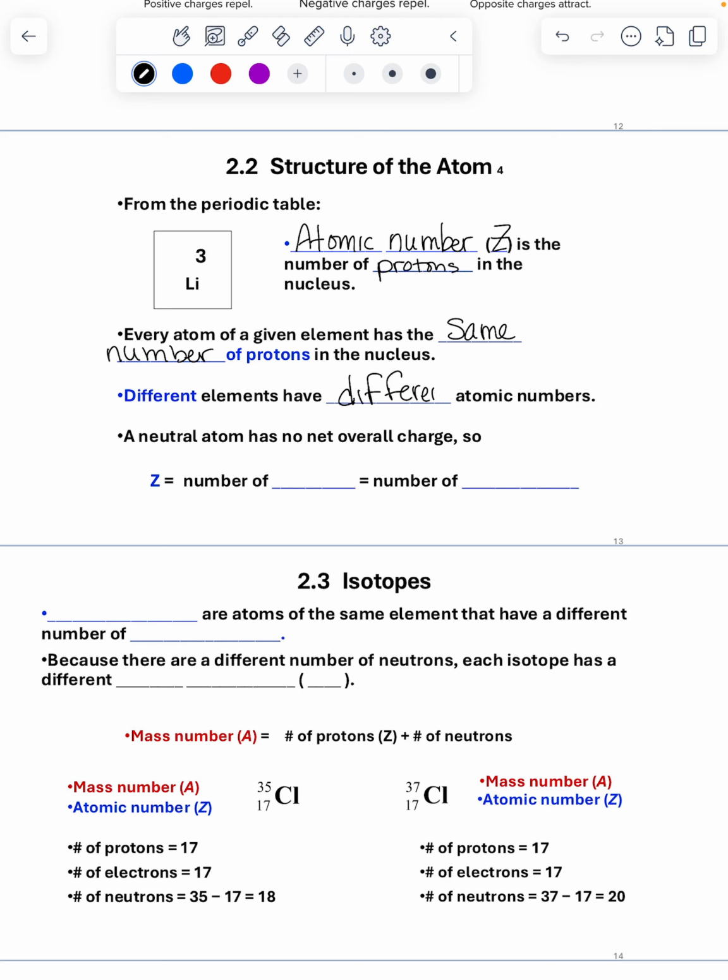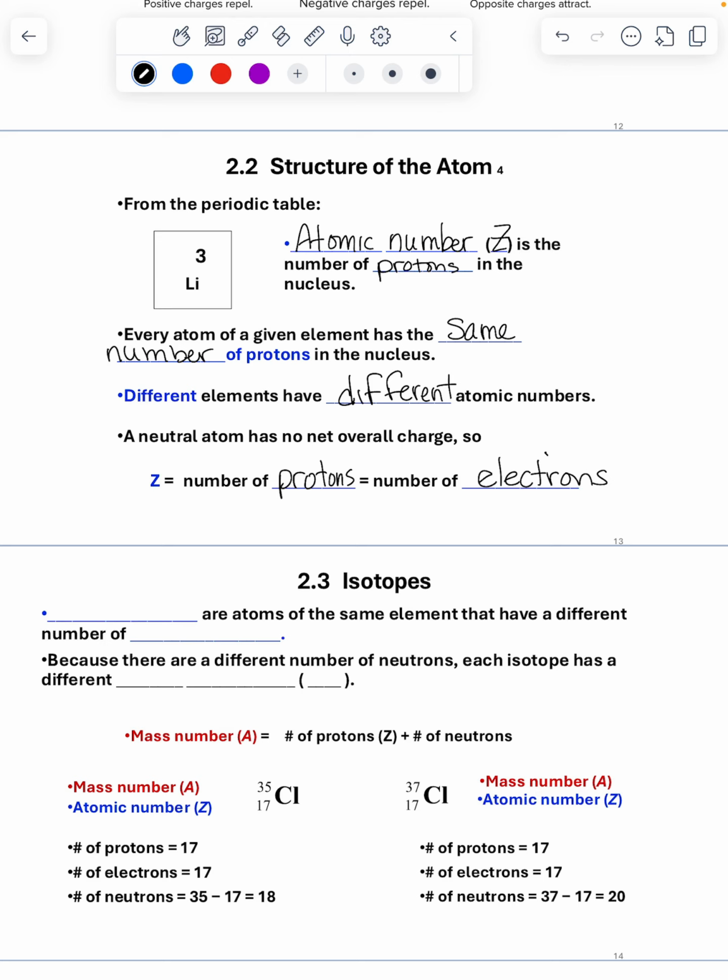When we talk about an element on the periodic table, we tend to say that they have a neutral charge, a neutral nucleus, which means they have no net overall charge. So in this case, the Z, or the atomic number, is equal to the number of protons and the number of electrons, because it's protons and electrons that determine the charge of the atom. So let's say, for example, we have lithium.